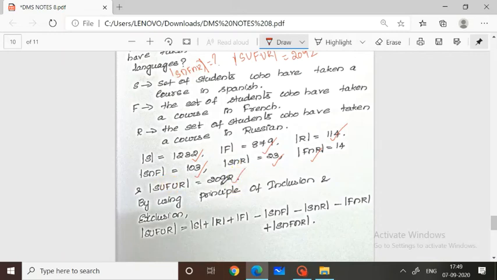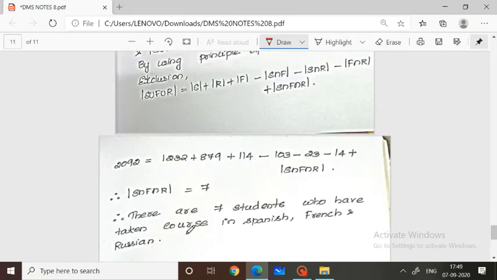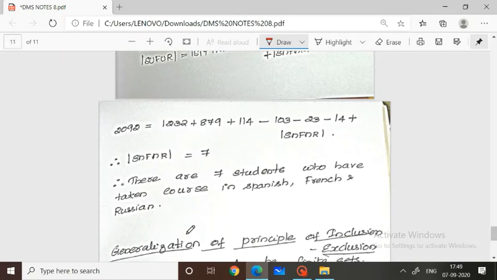By using the principle of inclusion and exclusion, we know the formula. Write the formula first, then substitute all the values. Therefore, mod of S intersection F intersection R, on calculating, you will get 7. Therefore there are 7 students who have taken the course in Spanish, French and Russian.